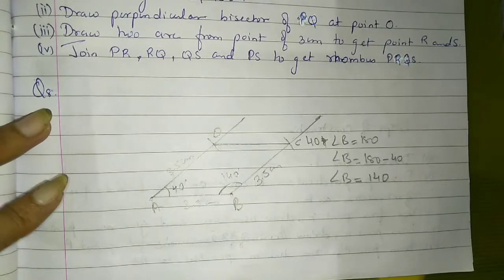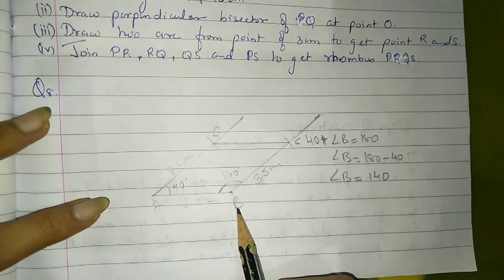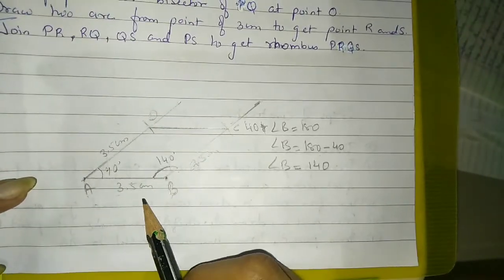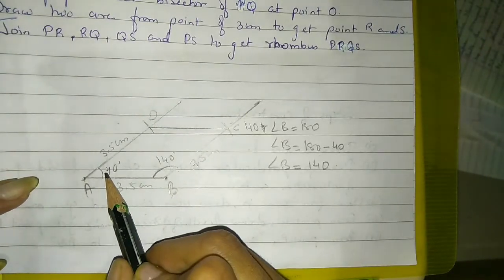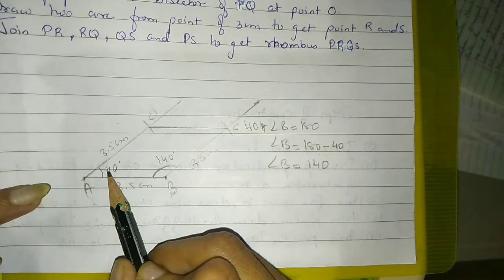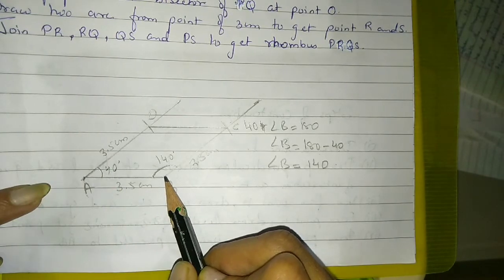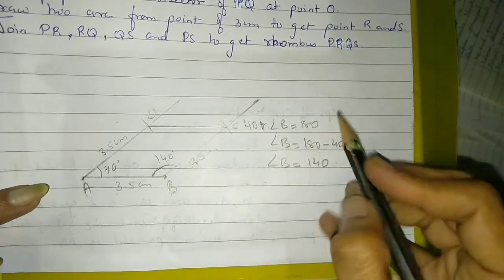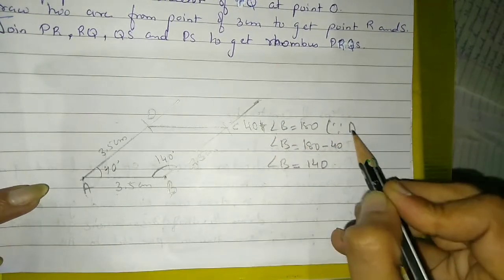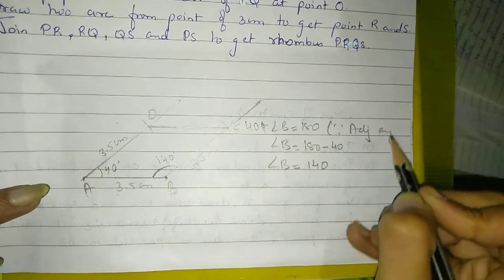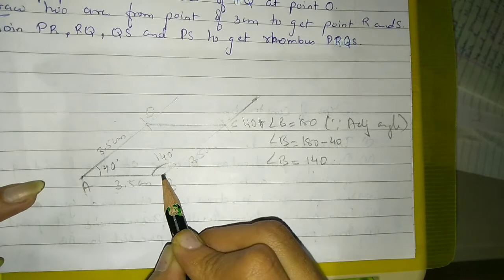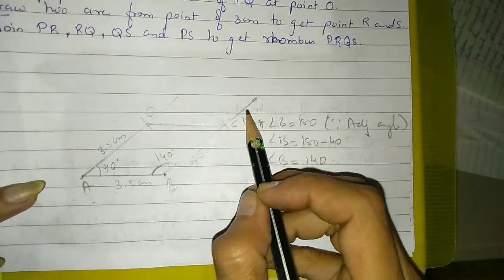Once more I am repeating. First I drew line segment AB of 3.5 centimeter with the scale. Then using the protractor I drew angle 40 degree and angle 140. Why 140? Because 40 plus angle B is equal to 180, since they are adjacent angles. So angle B equals 140.